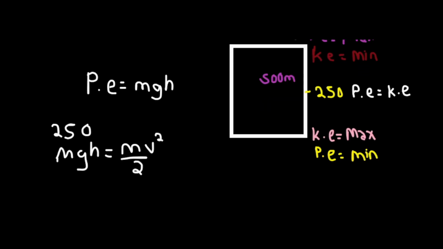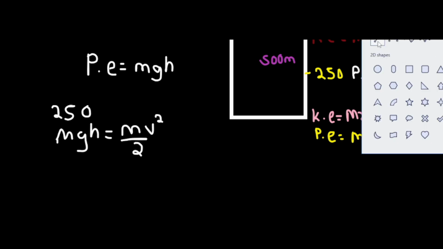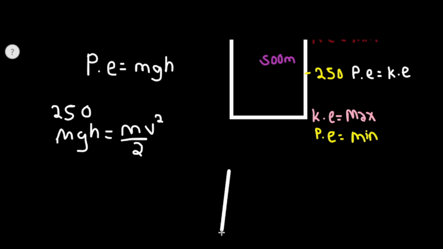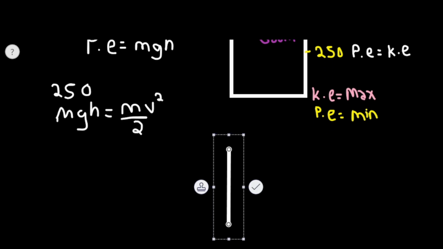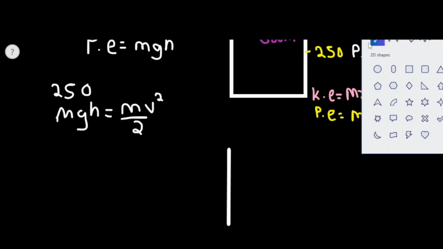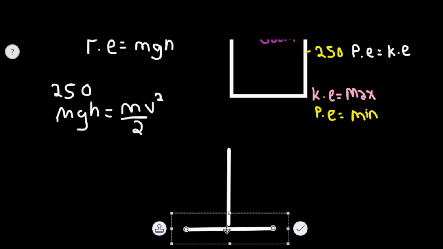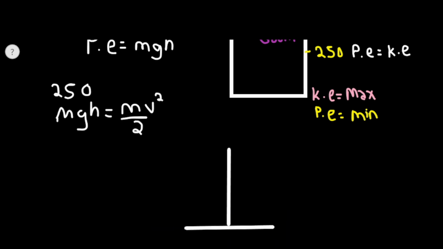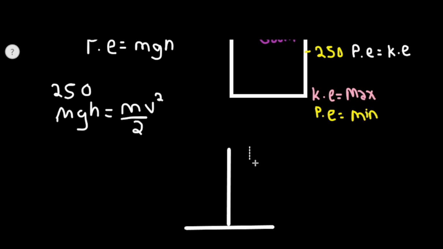These energy changes may also be asked in terms of a ball. Let's say we had a line and a horizontal surface, and let's say we also had a ball bouncing.